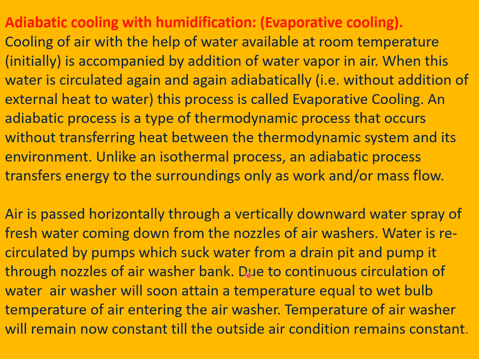Due to continuous circulation of water, air washer will soon attain a temperature equal to wet bulb temperature of air entering the air washer. Temperature of the air washer will remain now constant till the outside air condition remains constant.